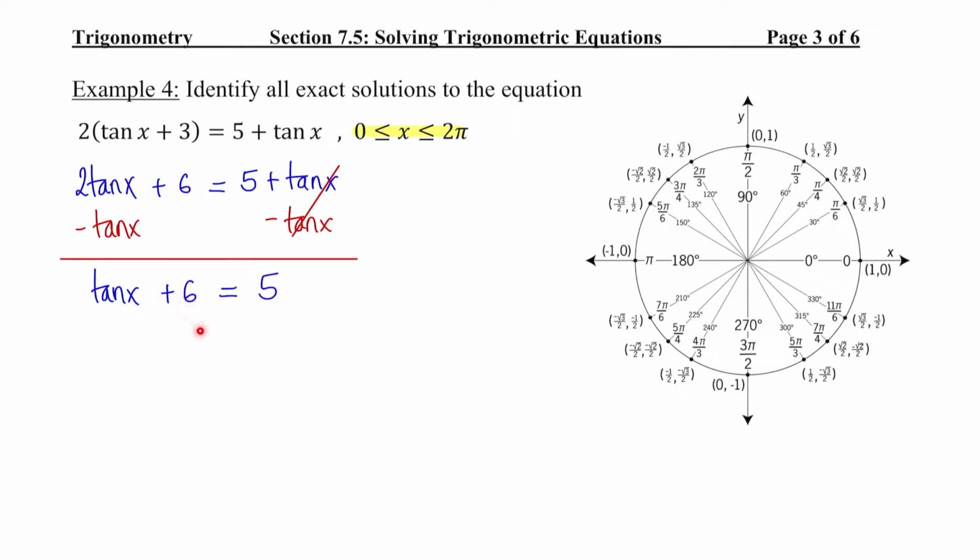From here, I am going to subtract 6 from both sides to get tangent equals -1. I have the equation of tangent of x equals -1.